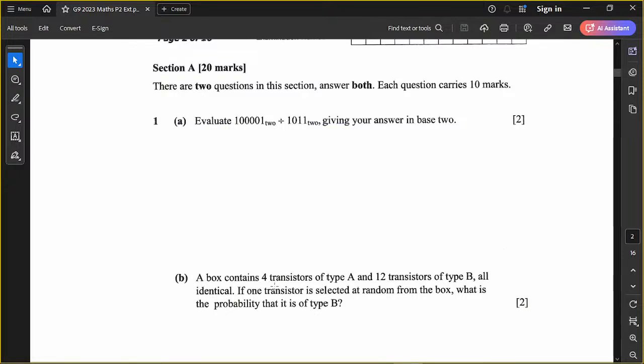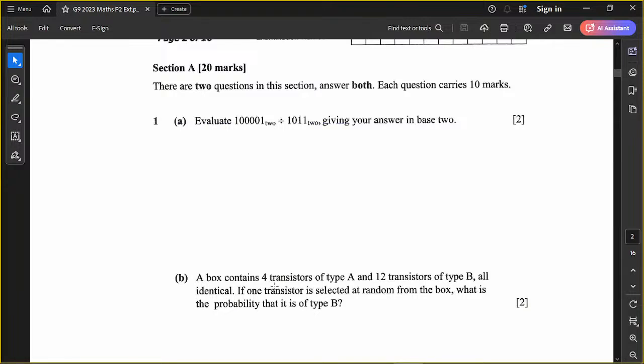Question number 1A is evaluate 100001 base 2 divided by 1011 base 2. Give your answer in base 2. So how do you solve this one? You solve it just like the way we solve numbers in base 10.